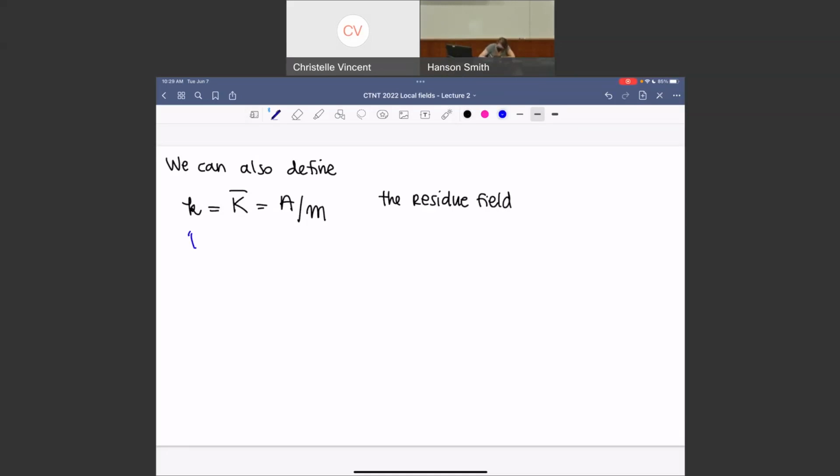So this is what Christelle likes. This is Sarah's notation. I don't like it because to me that should be the algebraic closure of K. I mean, this isn't happening in this book, so I don't want to put thoughts in Sarah's head.